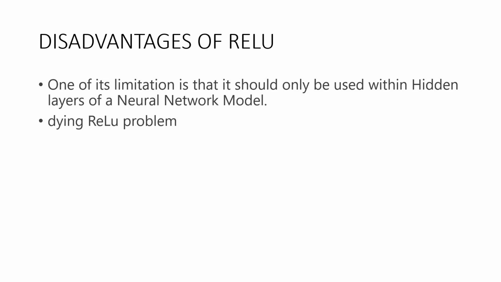That means those neurons which go into that state will stop responding to variations in error input. This is called dying ReLU problem. The range of ReLU is 0 to infinity. This means it can blow up the activation.